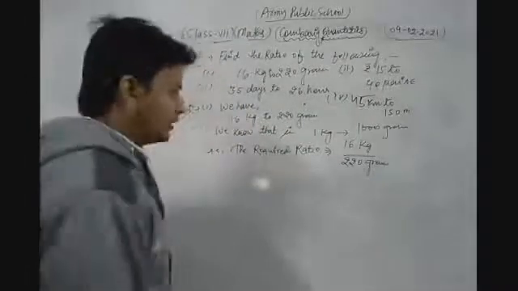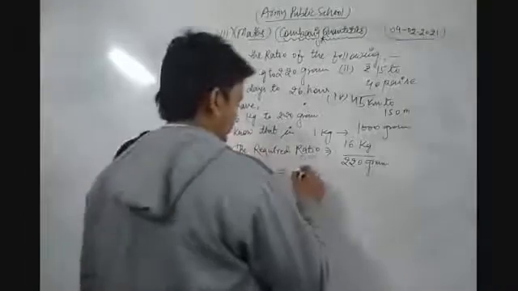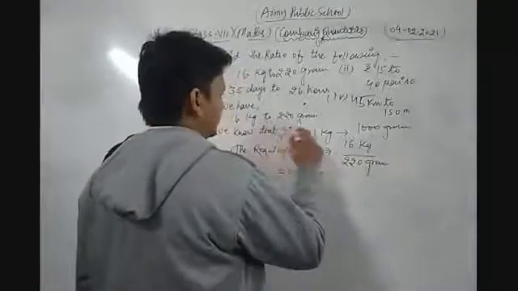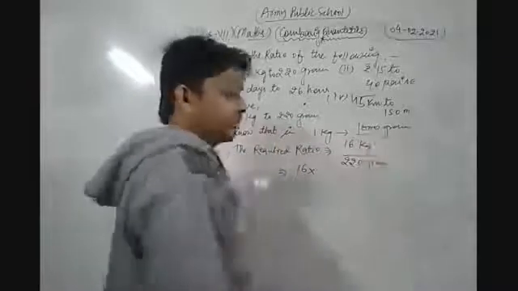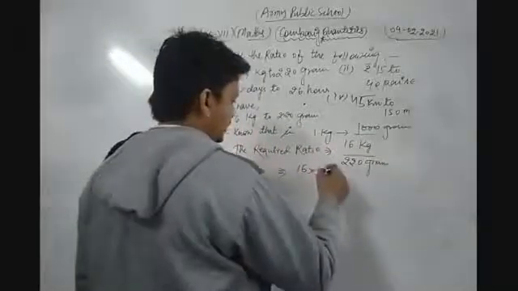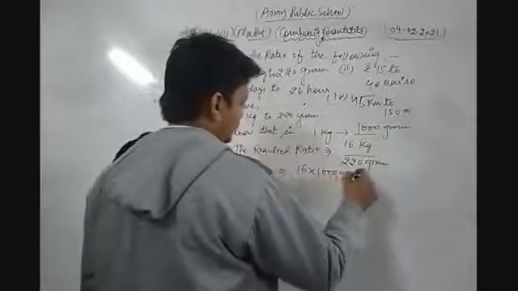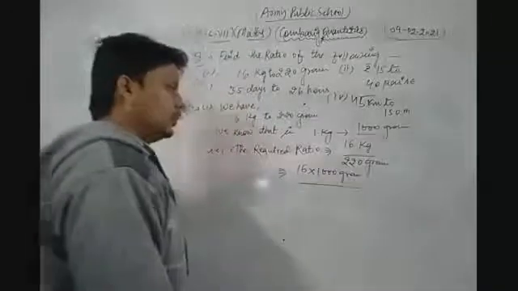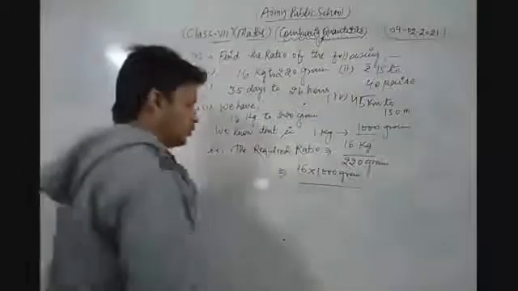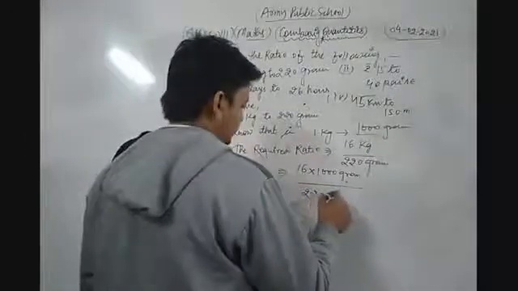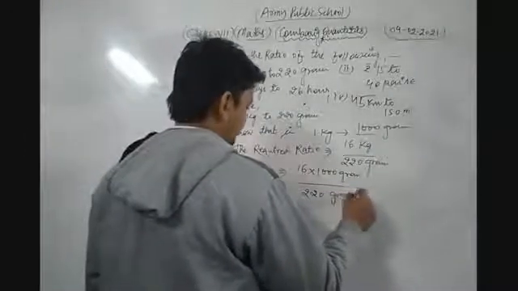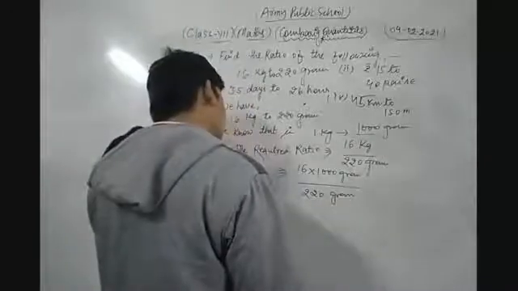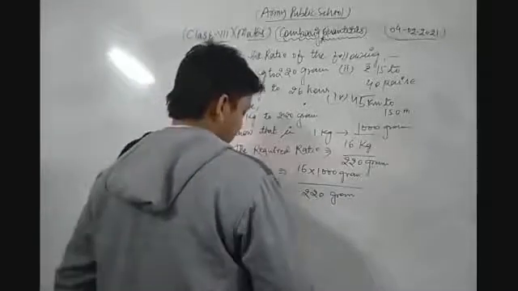In 1 kilogram there are how many grams? 1000 gram. So we write 16 into 1000 gram upon 220 gram. The 220 gram we write as it is.